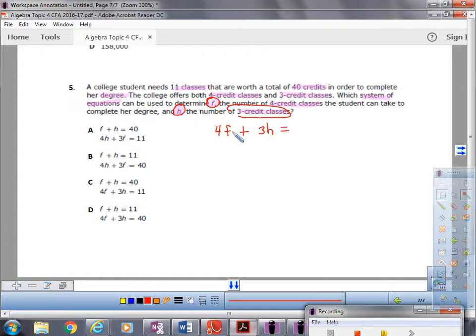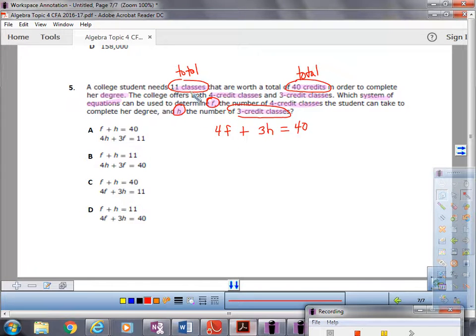And the total of that, depending on how many hours that she takes, the credits here that they said, this is your total here, would equal 40. Now she did take 11 classes, and that's another total, but this is strictly for credits, and that's what the F and the H stand for. F is 4 credit classes, H is 3 credit classes.